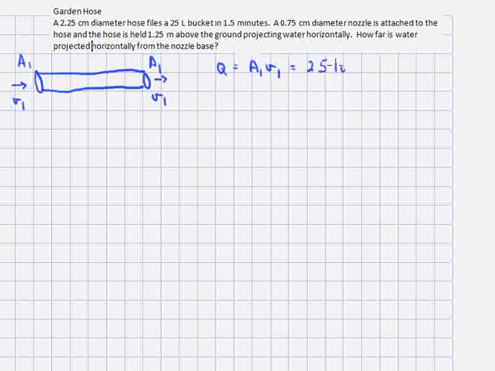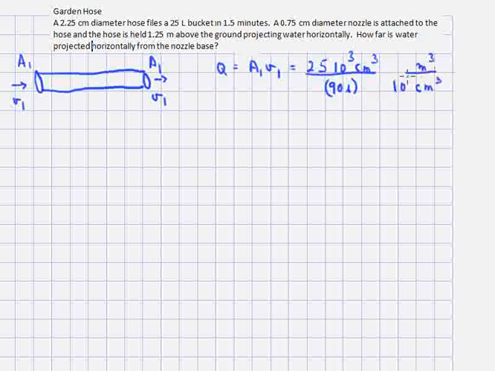A liter is 10 to the third cubic centimeters. And that fills in 90 seconds. That's 1.5 minutes. And I want to put everything into cubic meters, so I'm going to multiply by cubic meters over cubic centimeters.